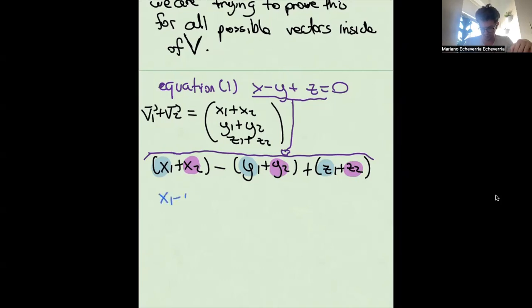So this is x1 minus y1 plus z1. There's always a step where you have to regroup things a little bit to make it more clear what's going to happen. But my claim is that now we do know individually what this combination inside each parenthesis is. So what is this equal to? What do you think this would be equal to?